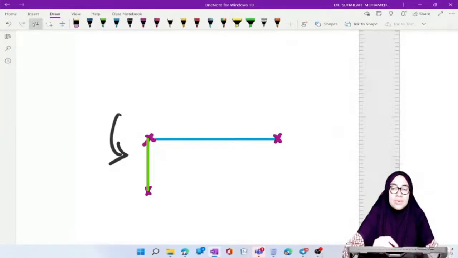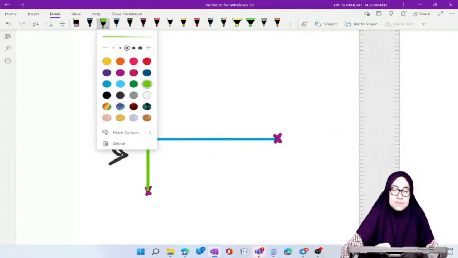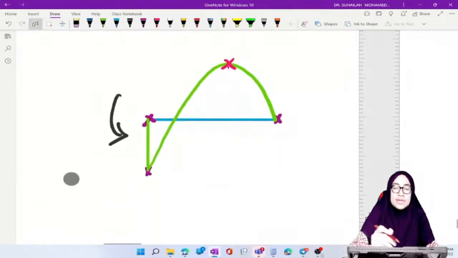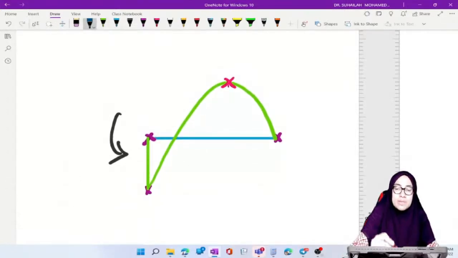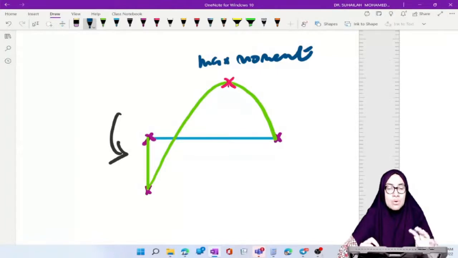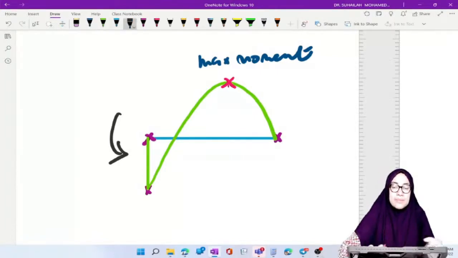Basically for UDL we get like this. This is called the maximum moment, and the value we can only determine by using the shear force diagram.